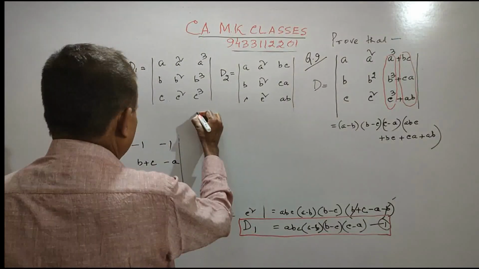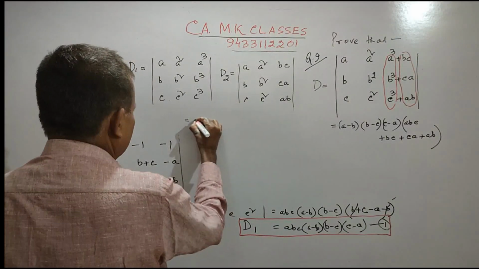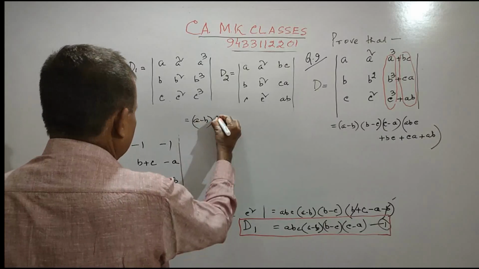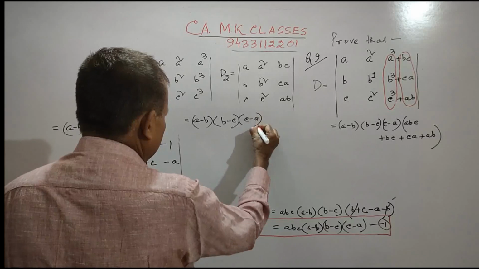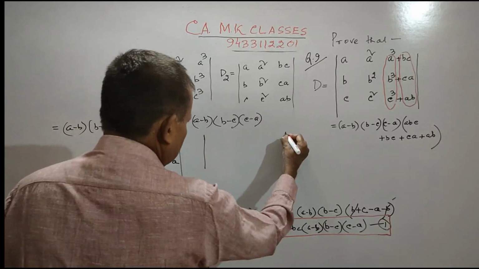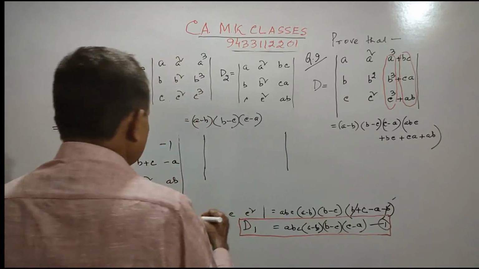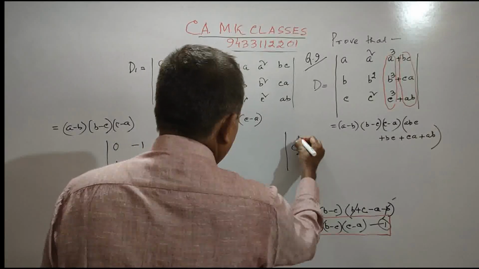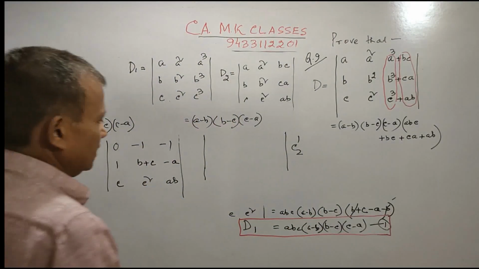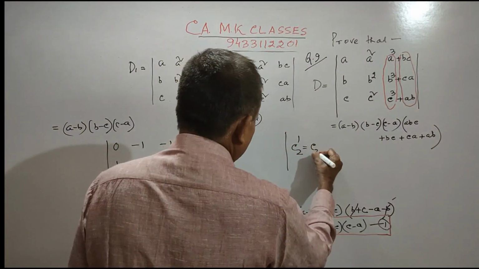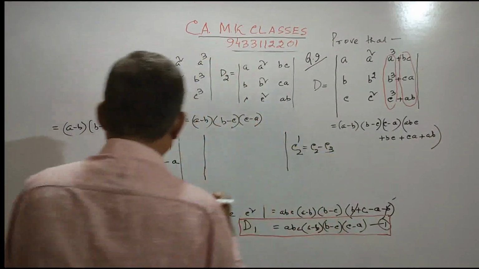So again this is equal to a minus b, b minus c, c minus a, and we shall apply here C2 dash equal to C2 minus C3.